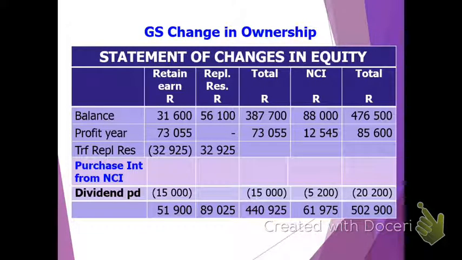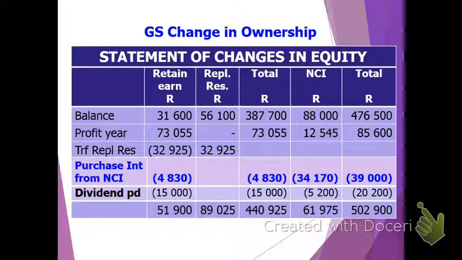Then, the purchase of this additional interest. As you already know, we're deducting it from the non-controlling interest, and the loss that we made, we also deduct directly from retained earnings, and the total is then 39,000, which is then contrasted against the investment in Fifi Limited, as you saw in our journals.